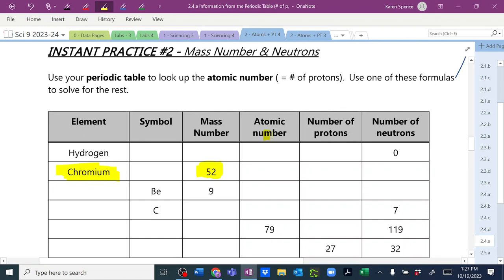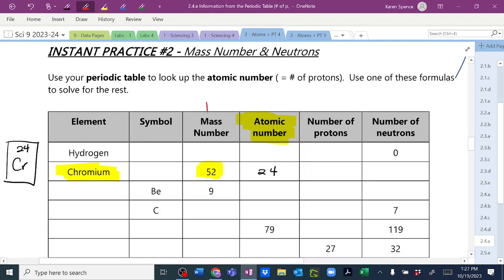I can always go look up the atomic number. Does that make sense? Like I can go and find chromium, right? And it says, up at the top, it says 24. And so I know now that this is 24, and everything else just falls into place. Okay?